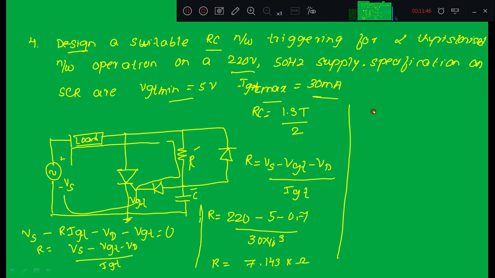And then design means finding R, finding C. So I'll use this formula to find C. RC is equal to 1.3T divided by 2. Here the frequency is given in the question as 50 Hertz. So T is 1 upon F.